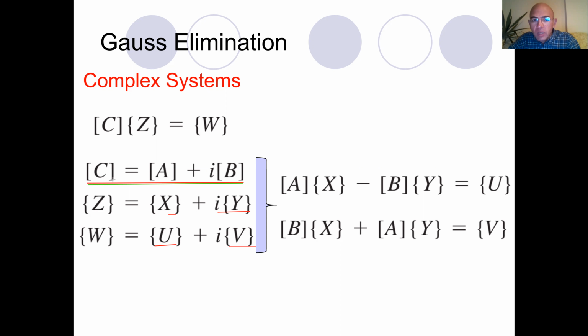Now, if I multiply C with Z, I will end up with such an equation: A multiplied with X minus B multiplied by Y is equal to U, because of the real parts. If I multiply A with X, this is AX.